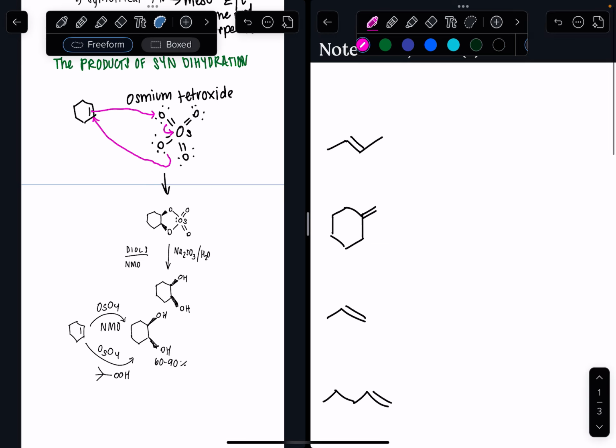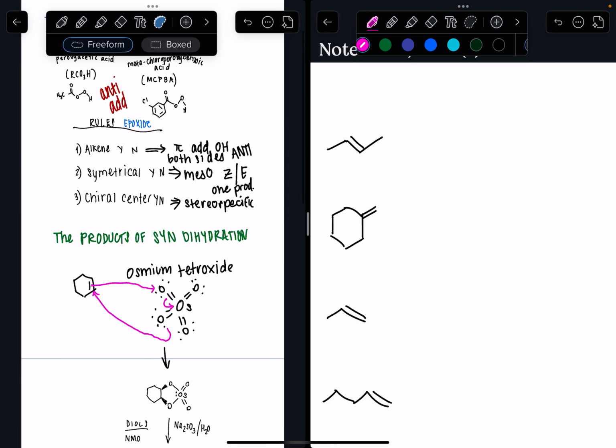All right, so let's go back to our rule set. Is this an alkene? Yes. So we're going to be adding an OH on both sides. And is it anti or syn? So let's go ahead and write it is an alkene.